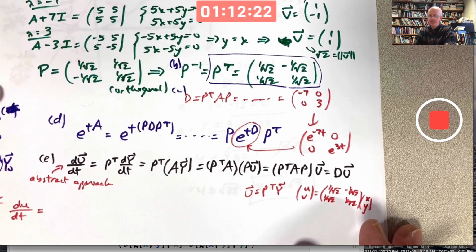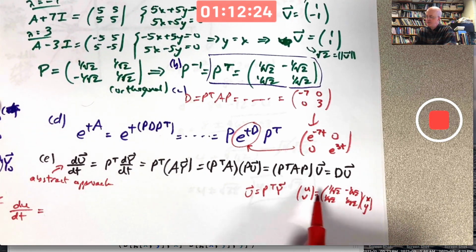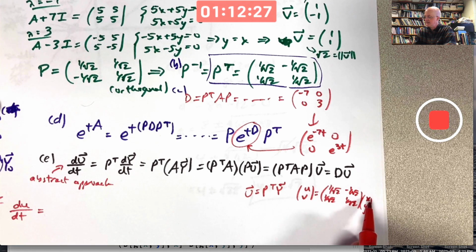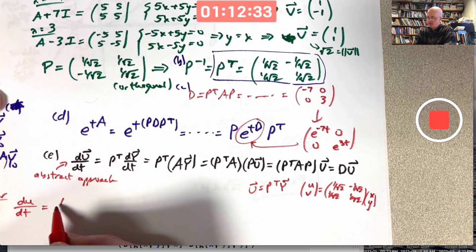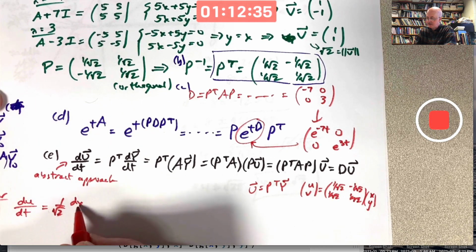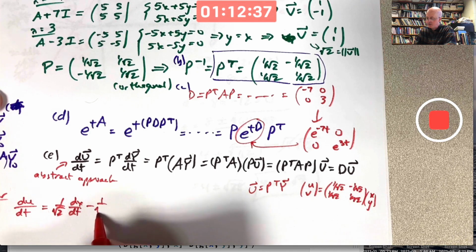So du dt, because u is 1 over root 2 times x minus 1 over root 2 times y, multiplying this matrix times this vector, du dt is going to be 1 over root 2 dx dt minus 1 over root 2 dy dt.